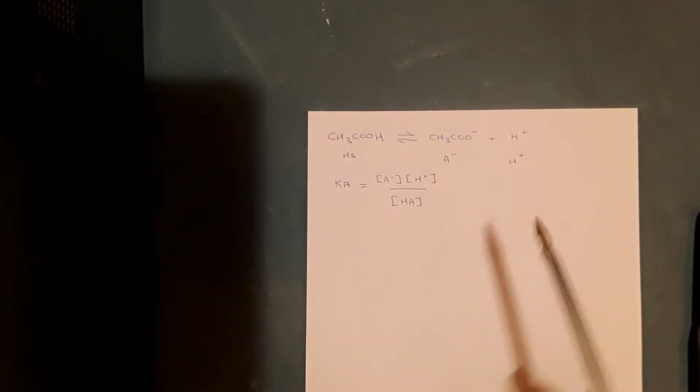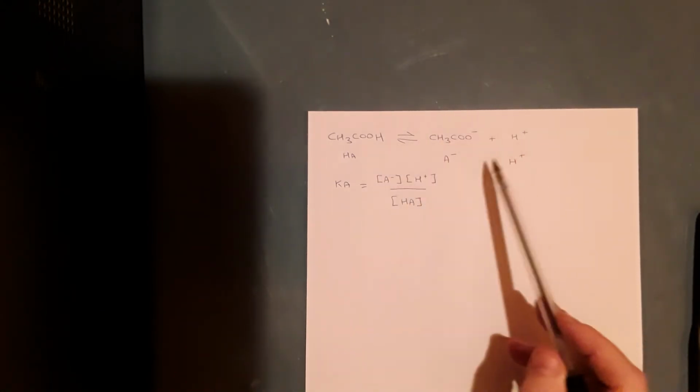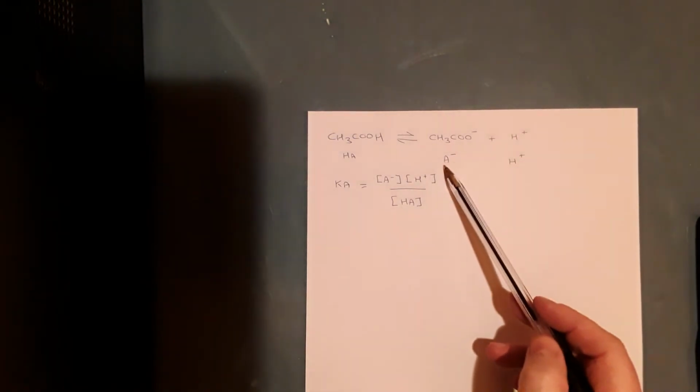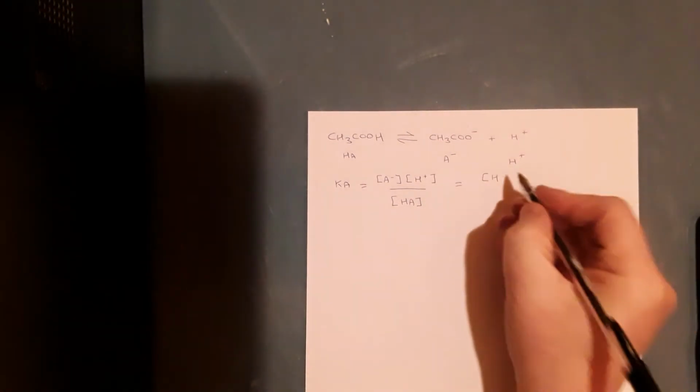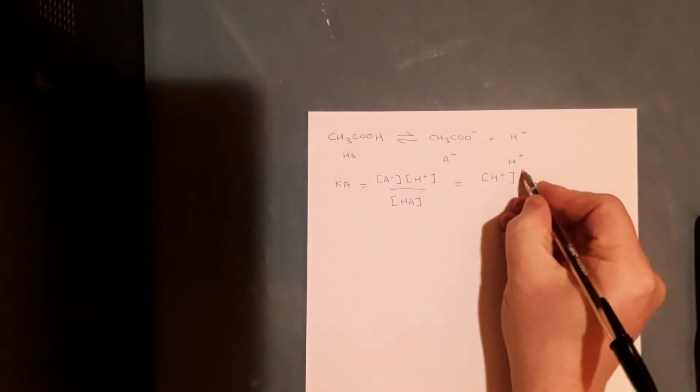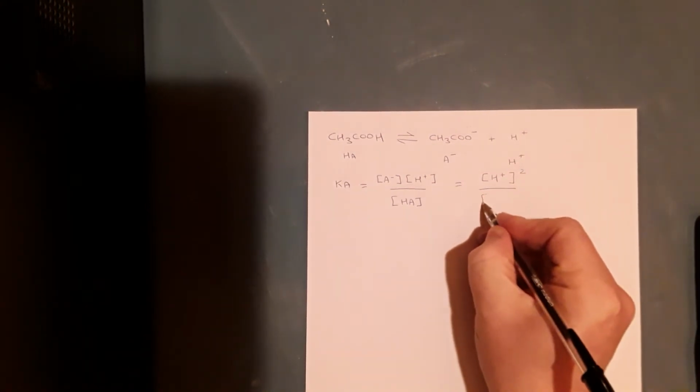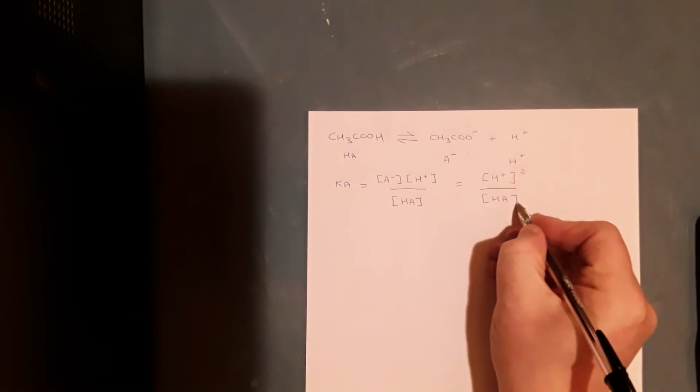But through measuring pH, we can calculate the hydrogen ion concentration. Because of how it dissociates, you will always get the same amount of the negatively charged base, so we can simplify this and say that Ka equals hydrogen ion concentration squared divided by the concentration of the acid.